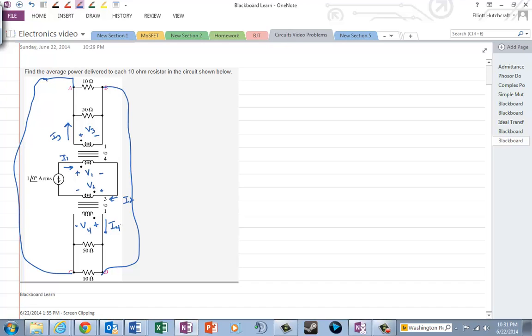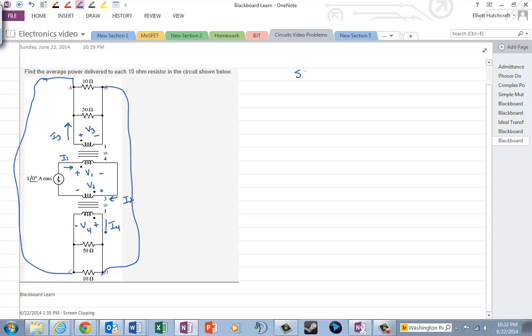Okay, so now notice that when I do this, one thing I can say is, obviously, if A is connected to C and B is connected to D, I can see that clearly the 50 and 10 ohm at the top are in parallel, the 50 and 10 ohm at the bottom are in parallel, just like before, but now all of those are in parallel because terminals A and C are the same and terminals B and D are the same.